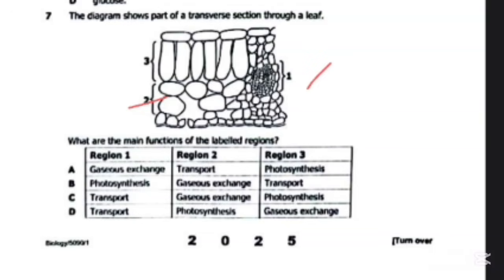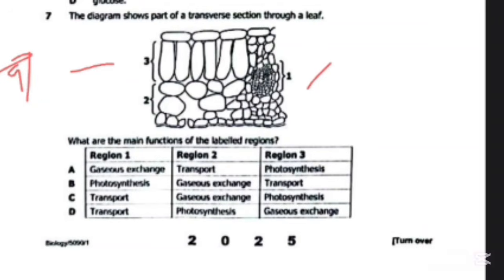So let's label them. We'll start with 3. You can see that these cells are columnar, and as I told you, these columnar or long cells are known as the palisade cells. This layer is known as the palisade mesophyll layer.